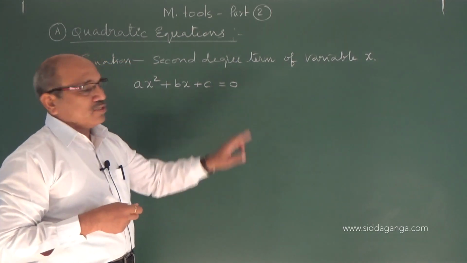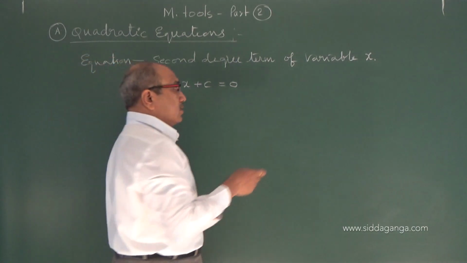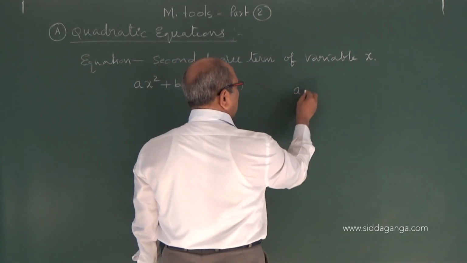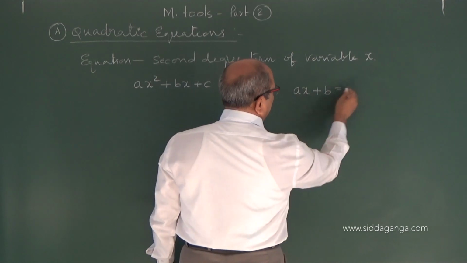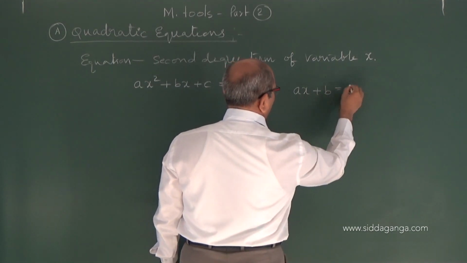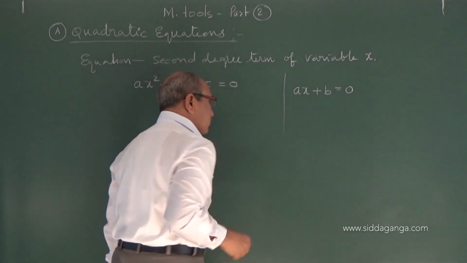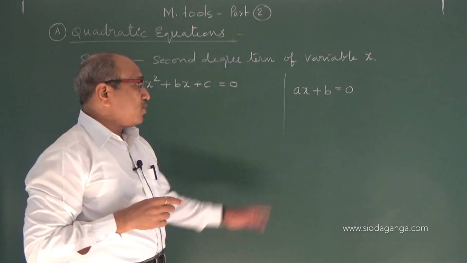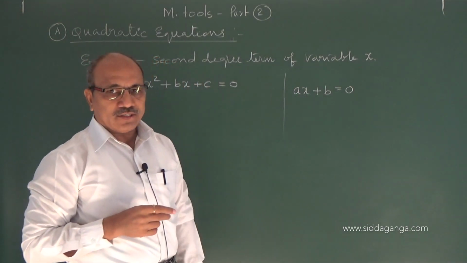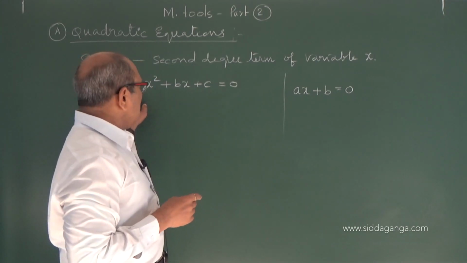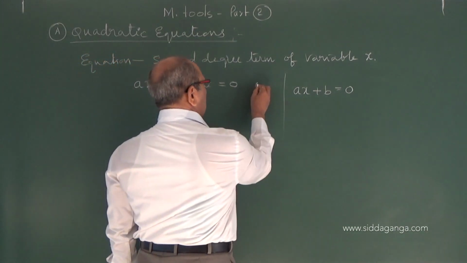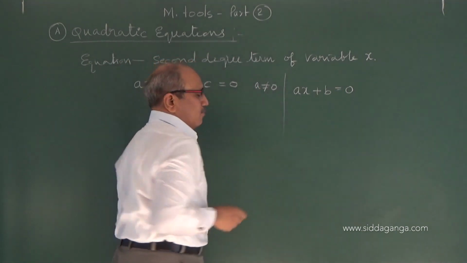Now you have also studied that if an equation is a linear equation, or first degree term, ax plus b equal to 0, in this case the variable is x, but a, b, c are constants, with a not equal to 0, a minimum condition.